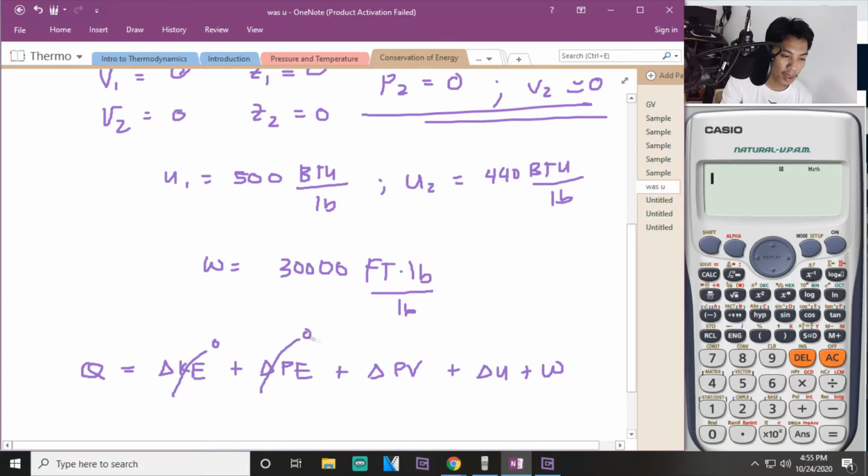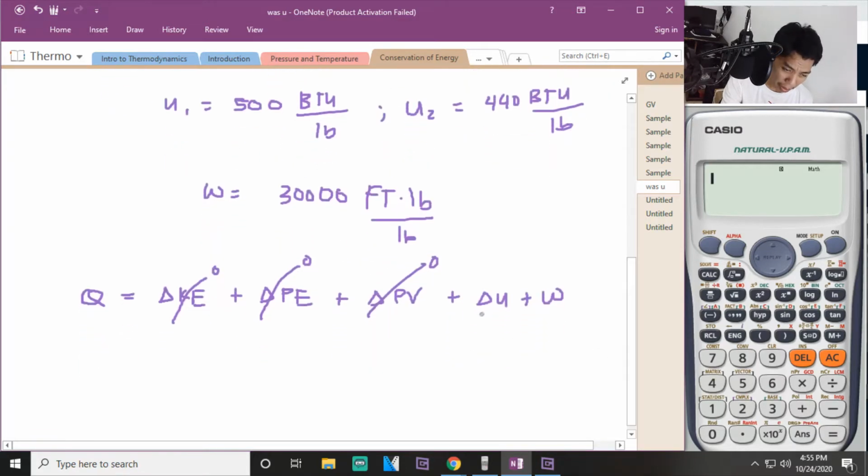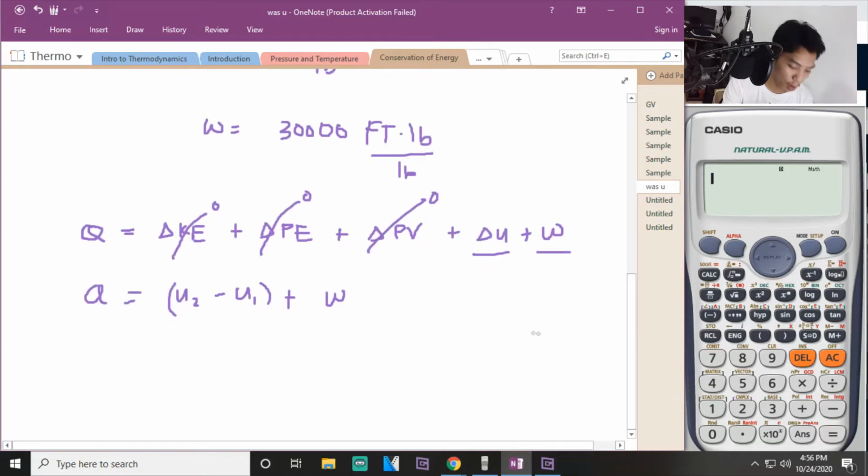Wala tayong PE, 0. Wala tayong flow work, PV. Meron tayong delta U and W. Now, hinahanap natin heat ha. So, U2 minus U1 plus the work that is performed by the system.